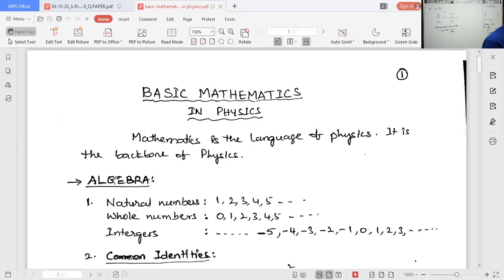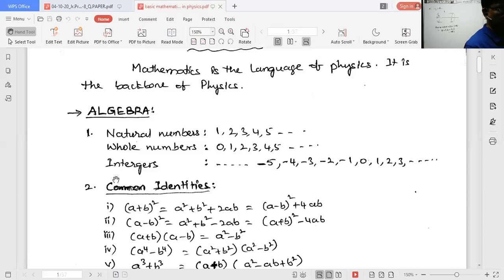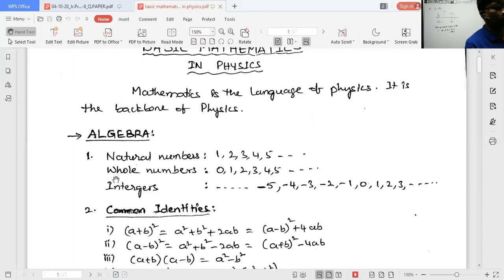Now, I want to discuss some important concepts in algebra. So these formulas we need in trigonometry. Next, algebra.